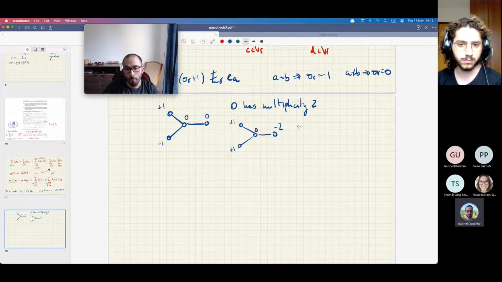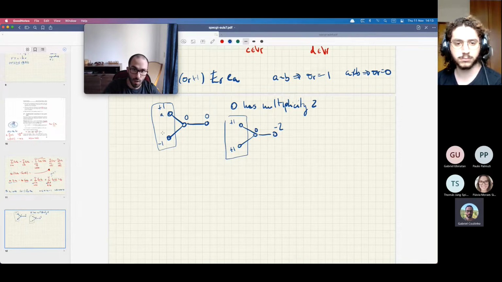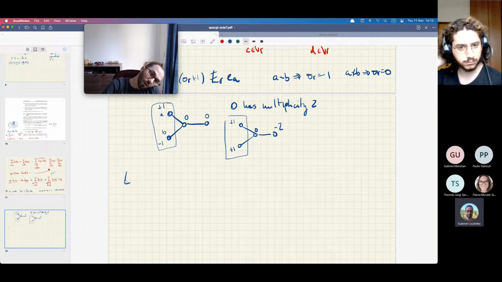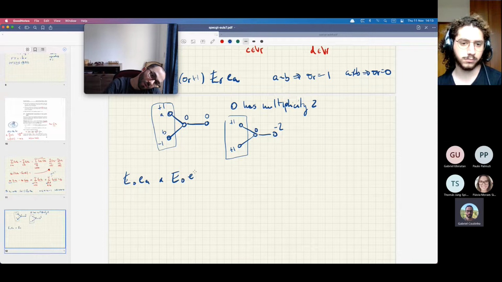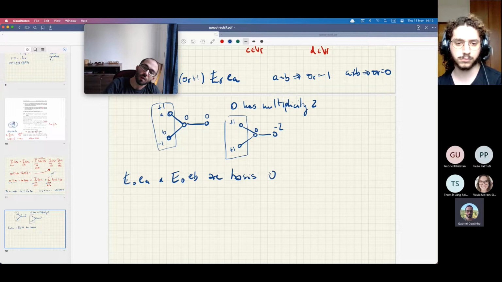Looks good, looks good. Yes. So 0 has multiplicity 2, and I am pretty sure these vectors form a basis for the 0 eigenspace. So if this is A and B, then E sub 0, E sub A, and E sub 0, E sub B are bases for the 0 eigenspace.